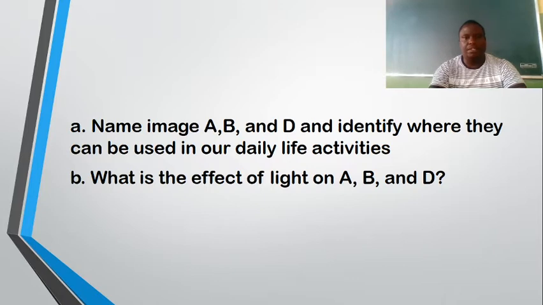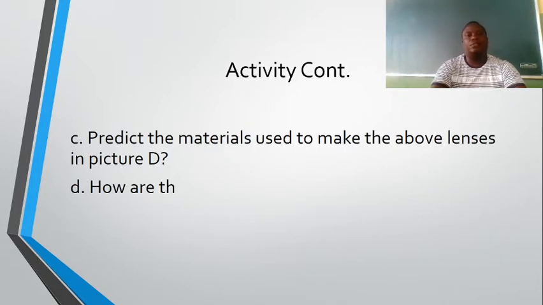Name image A, B, and D, and identify where they can be used in our real life activities. What is the effect of light on A, B, and D? Other questions.